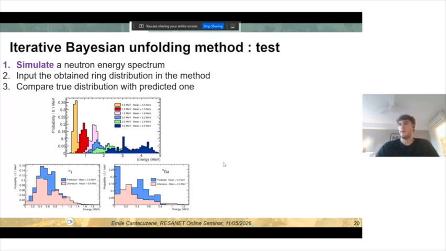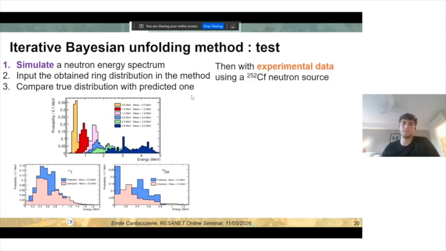It means that this correlation method kind of works, at least to measure the mean neutron energy, especially for beta-delayed neutron emission spectra, because most of these don't go above 1 MeV. And you can see that in this energy region, the mean energy is quite well reproduced.